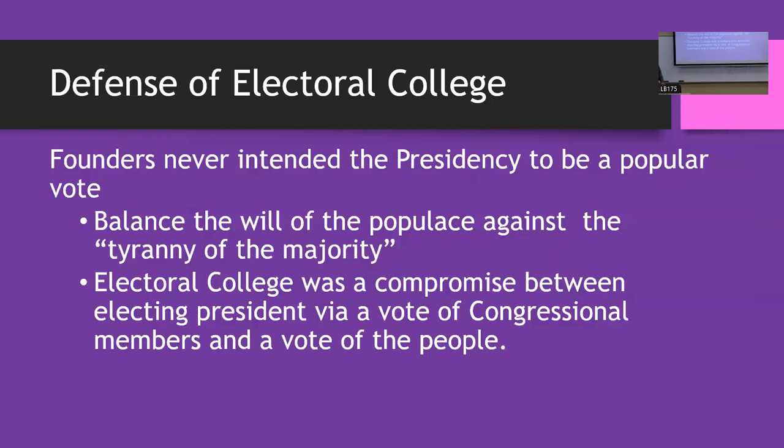And the founders, the people who designed the Constitution, talked a lot about the tyranny of the majority, in quotes. All right. You guys know what the tyranny of the majority is? That whatever the majority says, they get their way. Okay. And the people who designed our Constitution were worried about that.